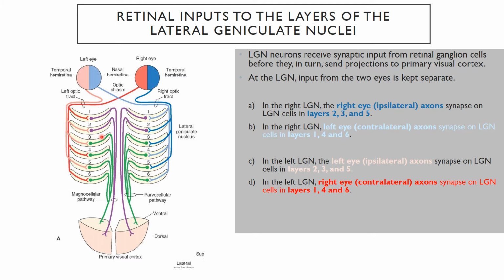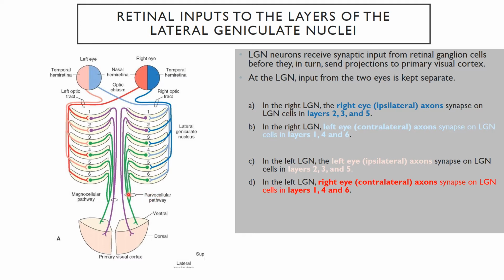This is because layers 1 and 2 provide different kinds of light information to the brain than layers 3 through 6. These 2 pathways are known as, in green is the parvocellular pathway, and purple is the magnocellular pathway.